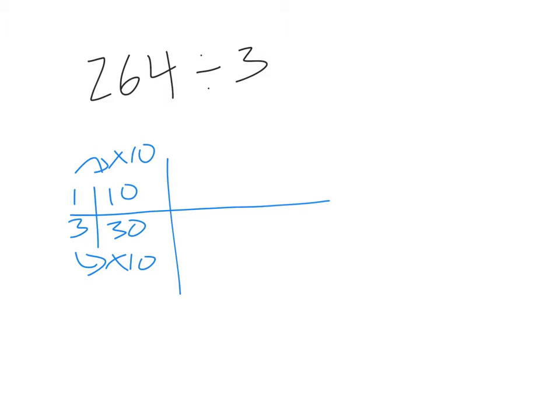Now from here, I'm going to multiply by 10 again. And when I multiply by 10, that gives me 100 groups of 3, which would be 300. Now I know that 300 here is too much. I went over my goal of 264, but still helpful.